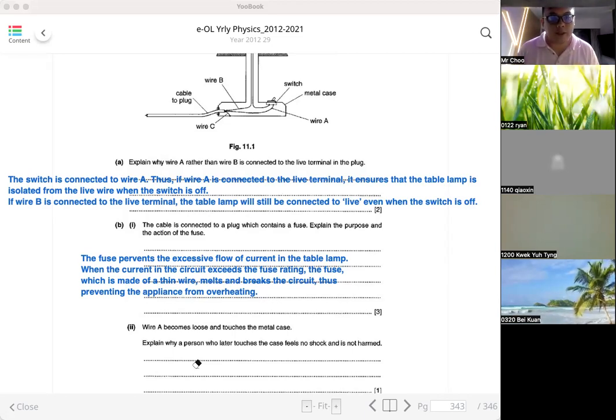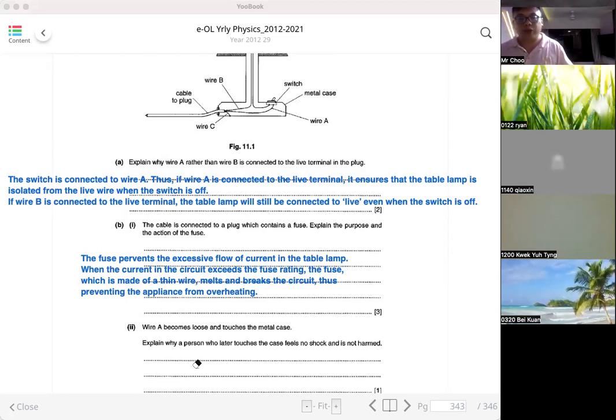Okay, so the question is why a person who touches the case will feel nothing. Your case has some current, but why will you feel nothing? So what if it's connected to the earth wire? What's happening? How does the earth wire protect us?